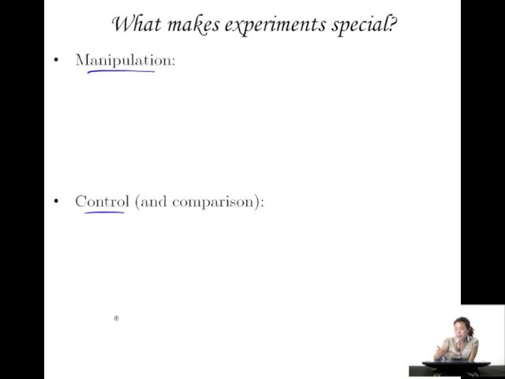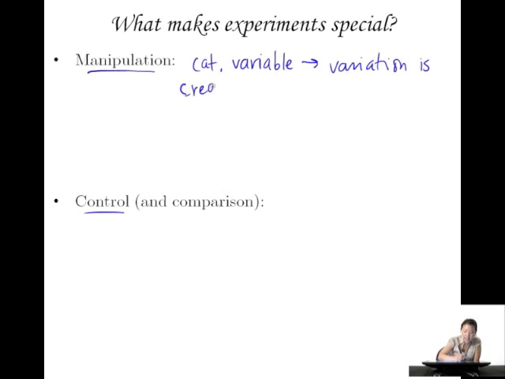Here's what we mean by manipulation. Manipulation means that in an experiment, the variation in the categorical variable is created by the experimenter or researcher team, right? So it's not that we just ask women, hey, do you own a radio? It's that the experimenters actually go in there and create that variation.